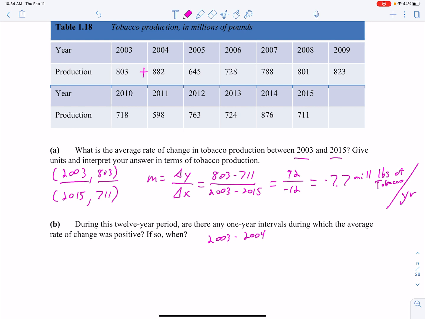Okay. But from '04 to '05, that's definitely a decline. '05 to '06, that's positive, right? 2006 to 2007, that went up. 7 to 8 went up. '08 to '09 went up.